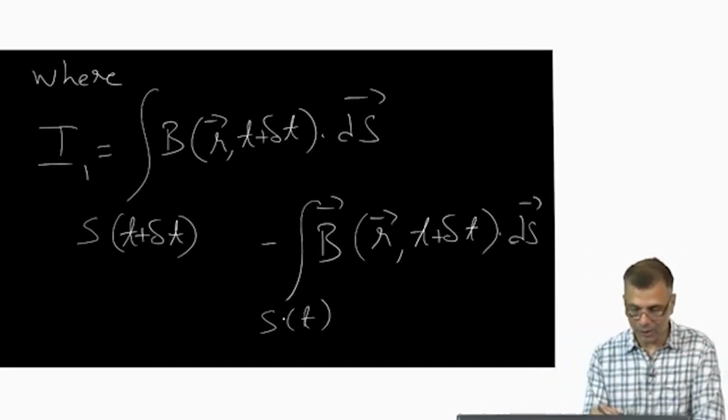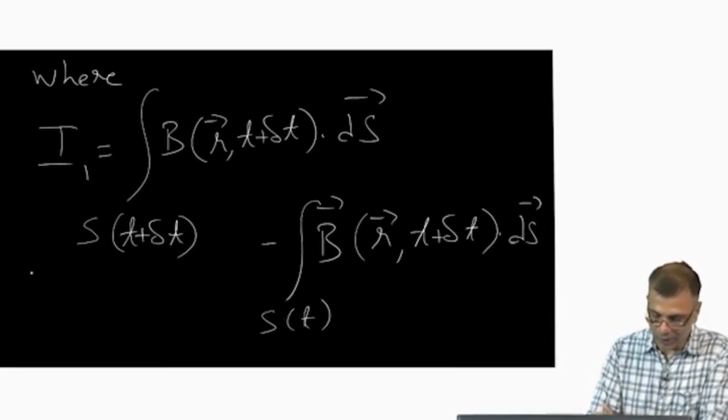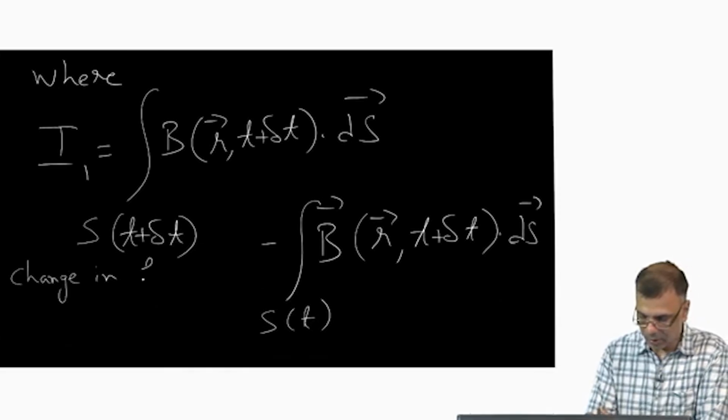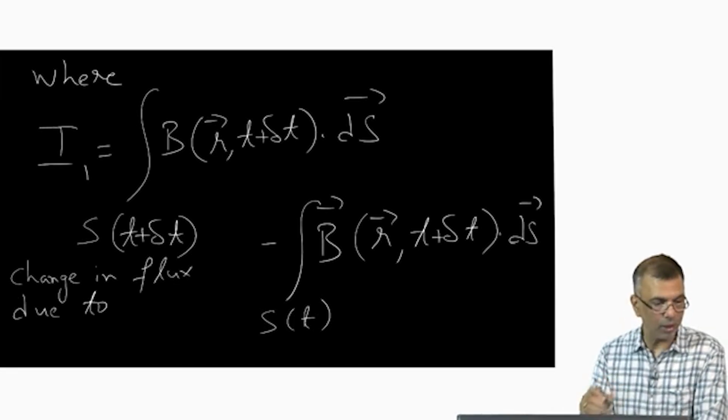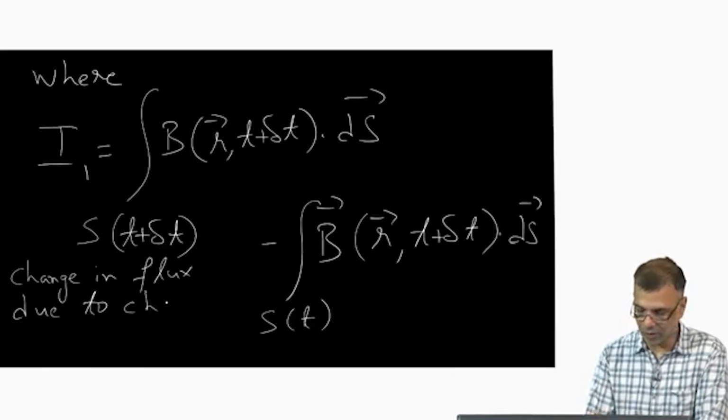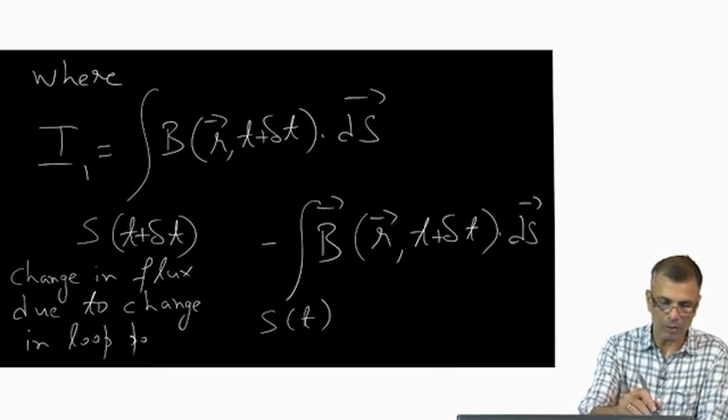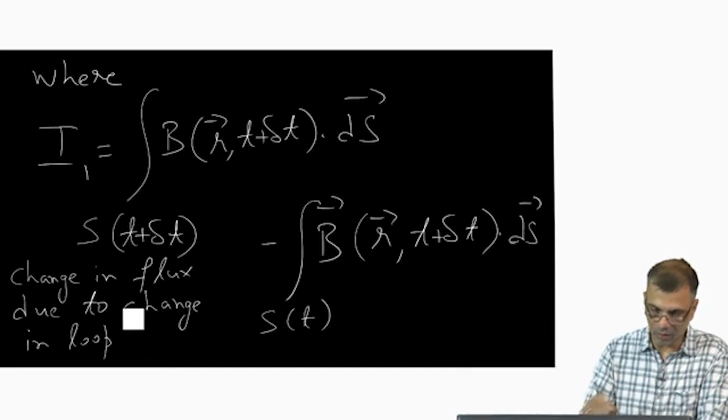So, this is the change in flux due to change in loop position. Let me erase this, it is not very nice.